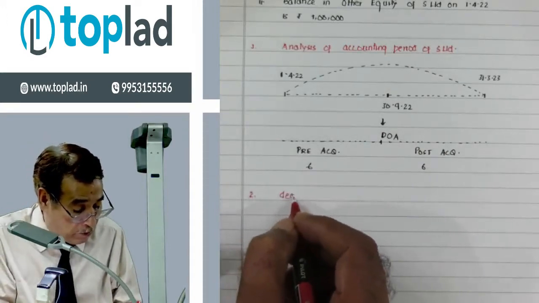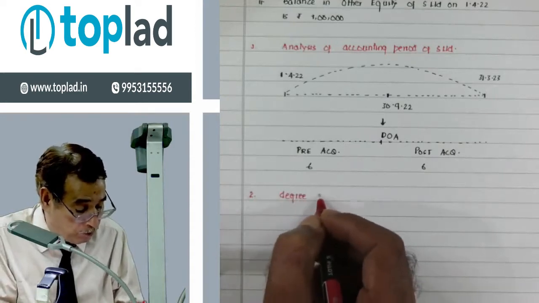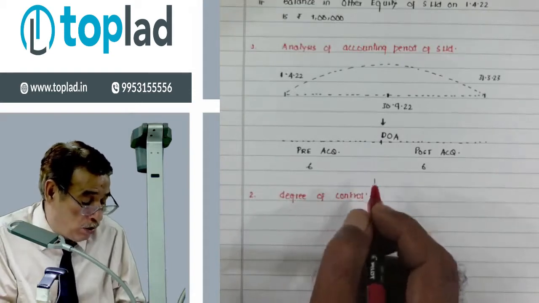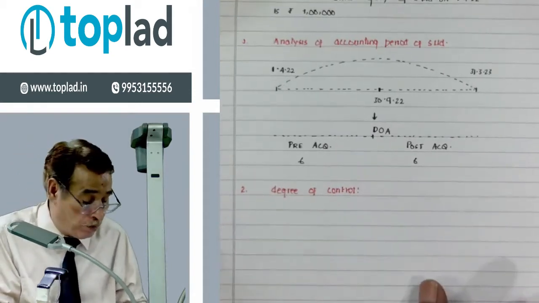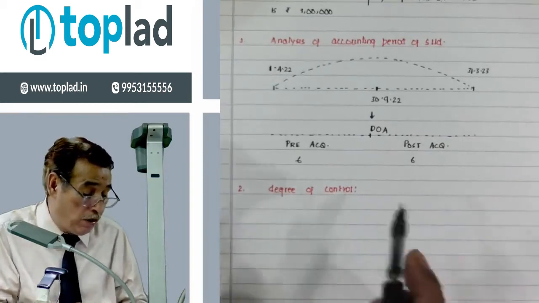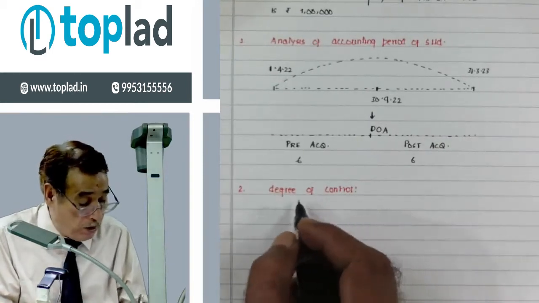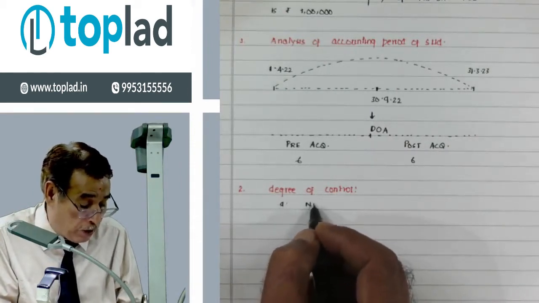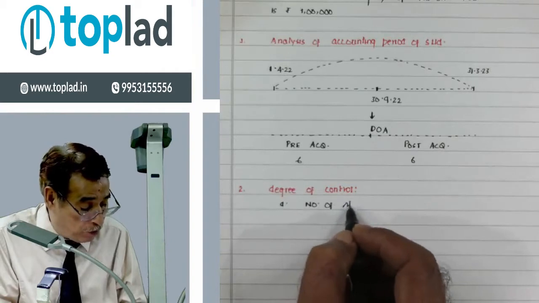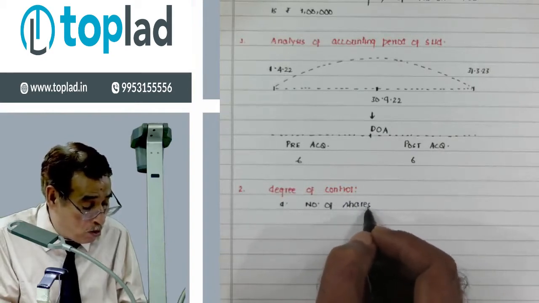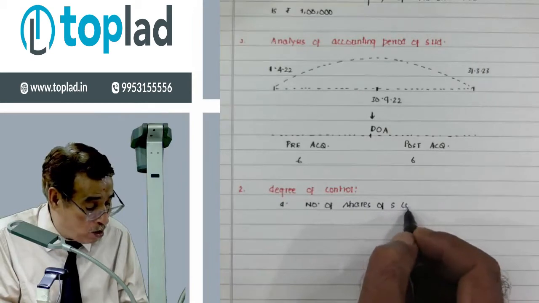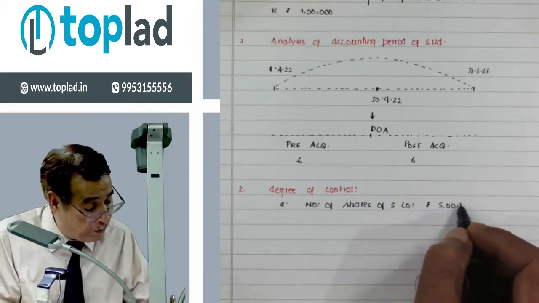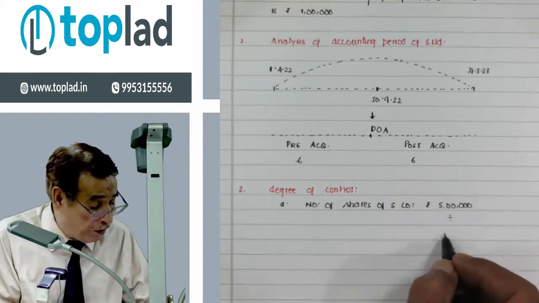Under the second step, I am going to compute degree of control. In order to compute the degree of control, just pay attention. We will have to note down the number of shares of subsidiary company. Total share capital of subsidiary company given to us is 5 lakh. One share is of 100 each.